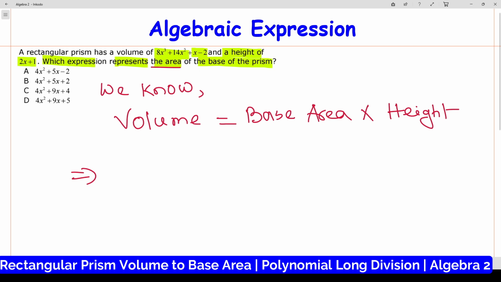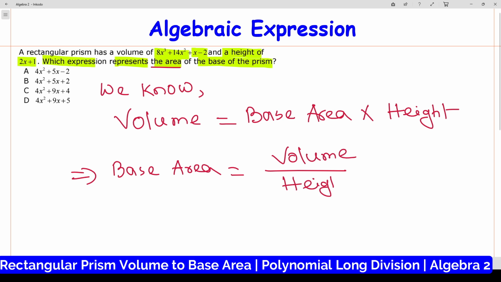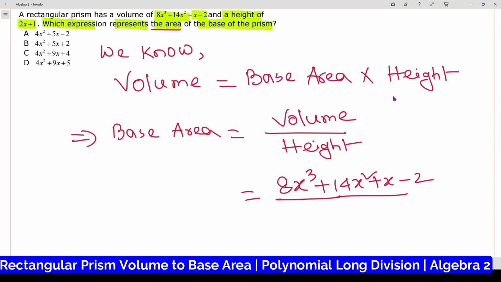So we can write base area equals volume divided by height, right? So here volume is 8x cubed plus 14x squared plus x minus 2, and divide by 2x plus 1.